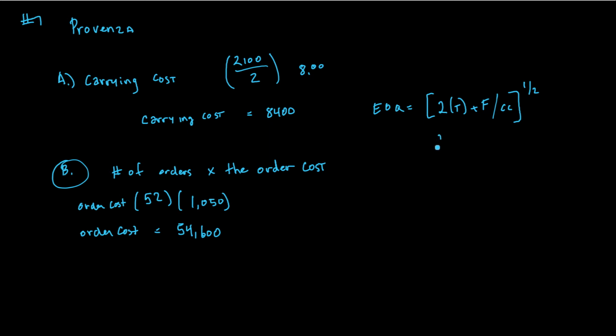So we're going to have 2 times 52 times F, which is our fixed cost, $1,050. I said plus, that's a times, my bad.